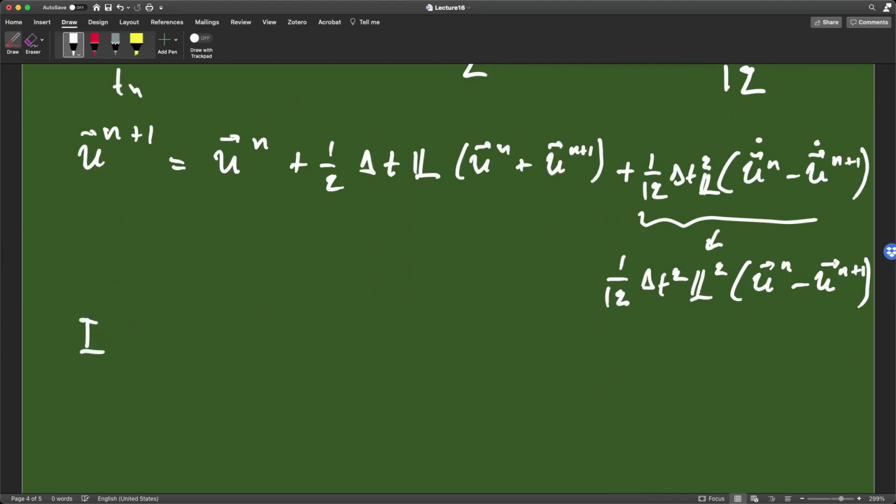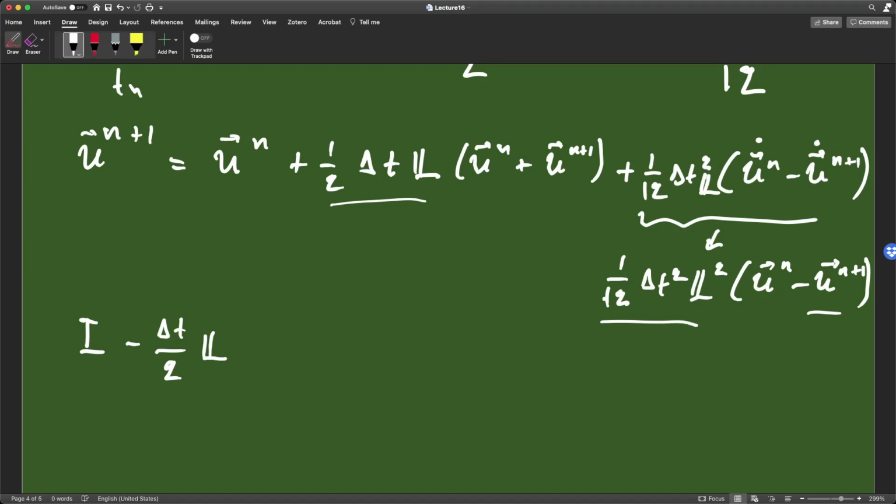On the left-hand side, we have the unit matrix, which is what multiplies u n plus 1. And then we'll have this term here with a minus. Once we pull it to the left, it will be minus delta T over 2 times L. And then we're going to have this term right here.